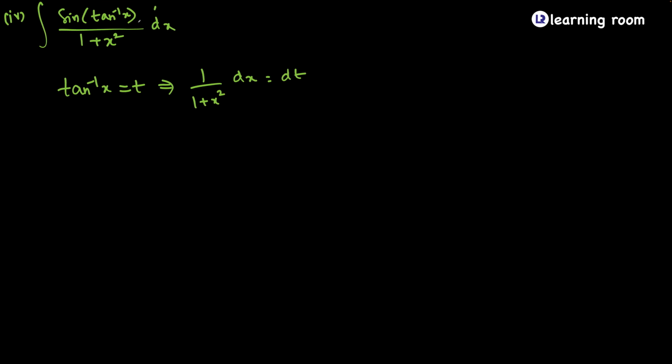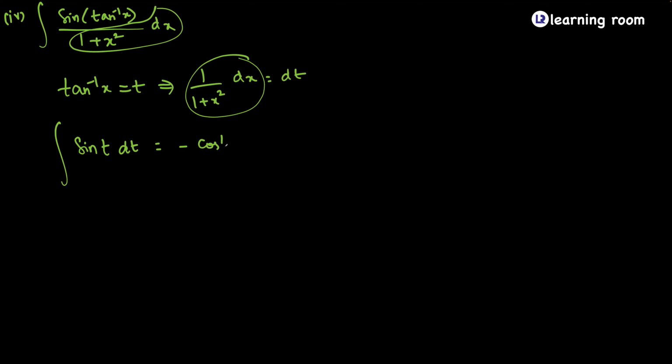Clear? So dx divided by 1 plus x square. Okay. So what will the answer be? Integral of sine t dt. So what will be the answer? Minus cos t plus c, or this is going to be equal to minus cos of tan inverse of x plus c. Clear? Right.